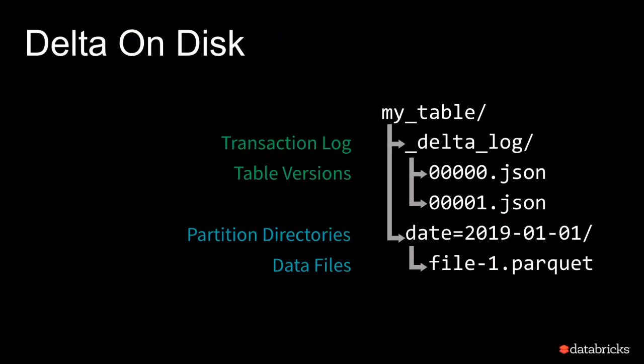So briefly, the transaction log is stored right next to the data. Every time you write files in a batch to a delta table, you get a JSON file containing the list of files. And every 10 JSON files, we then checkpoint this state of the delta table into a Parquet file.